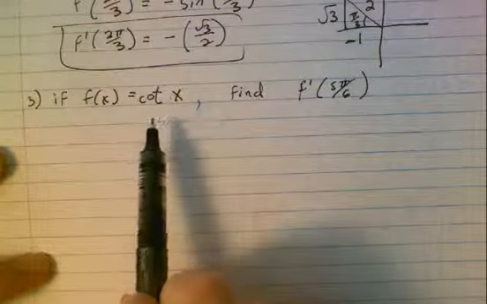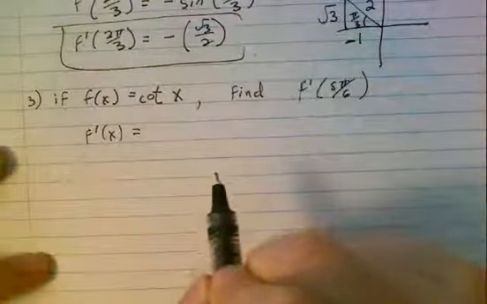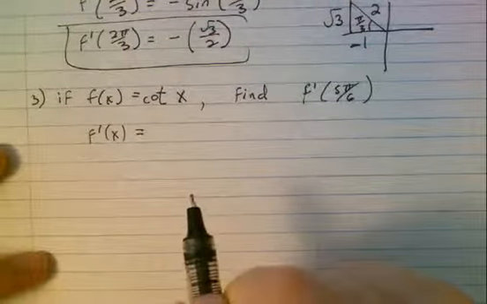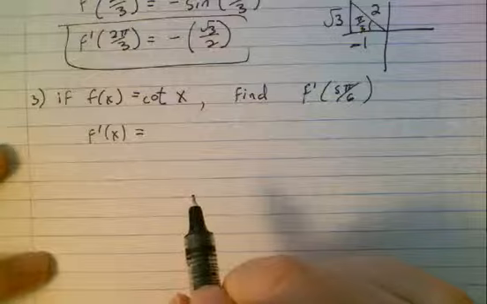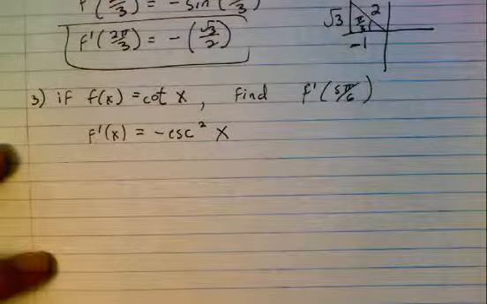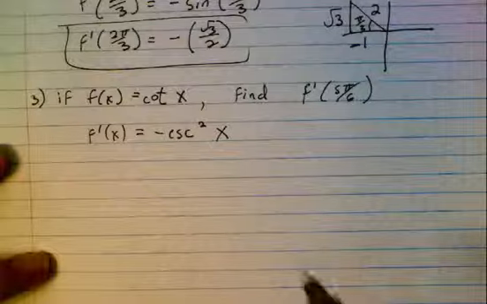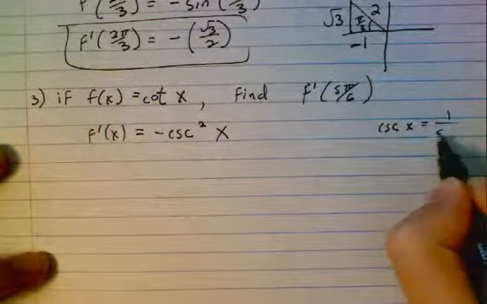You just have to have it memorized. There's no way around it. For f prime of x, we look at our notes from the previous lesson, derivative 6. The derivative of cotangent is negative cosecant squared. Just gotta know it. And we also have to remember that the cosecant is 1 over the sine.